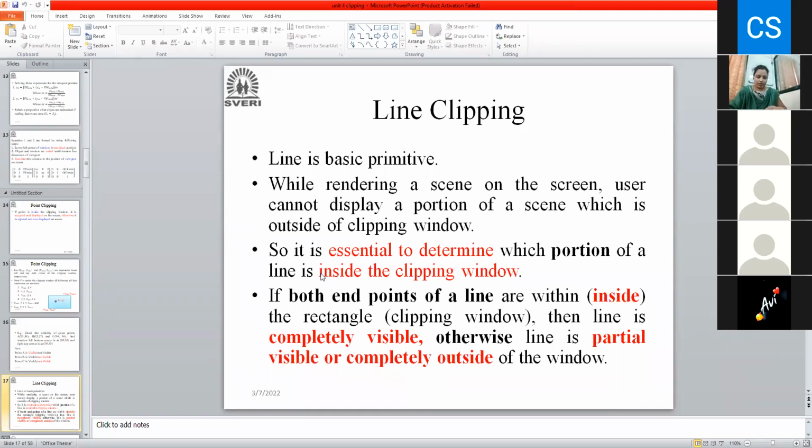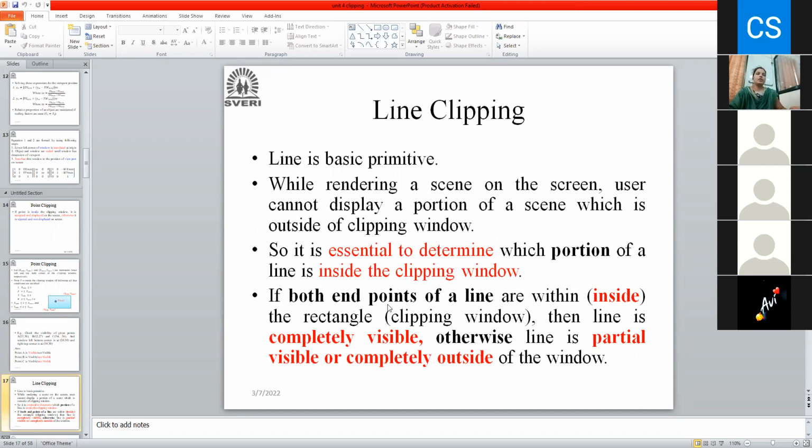The portion which is not visible, we are going to cut that portion. And that is called clipping. So it is essential to determine which portion of the line is inside the clipping window and which portion lies outside. Finding out the portion lying outside and inside is done with the help of clipping.